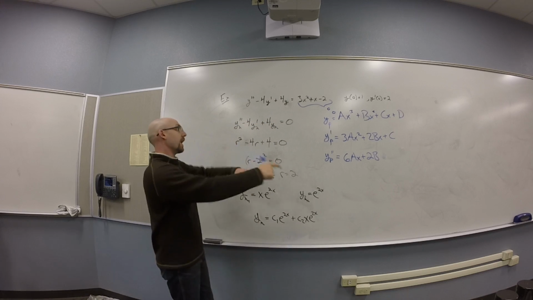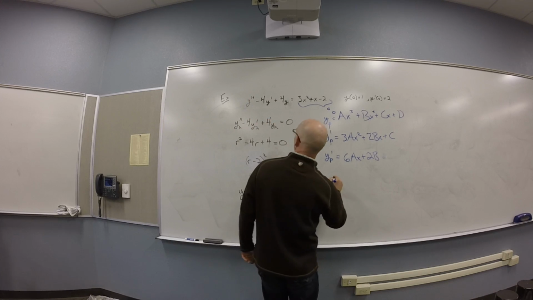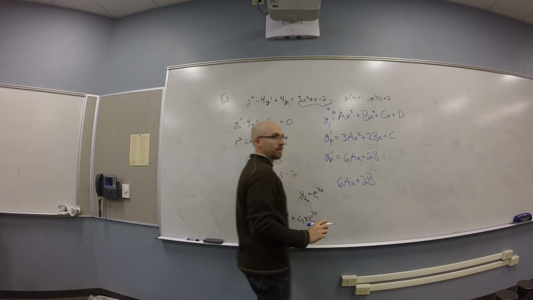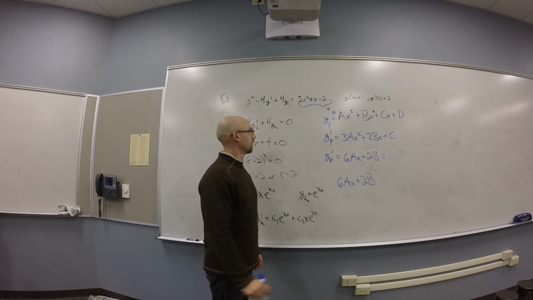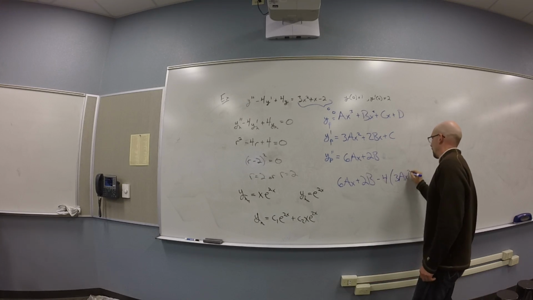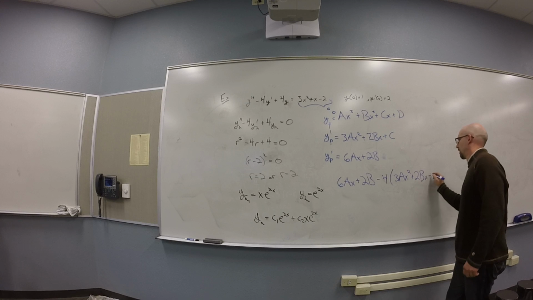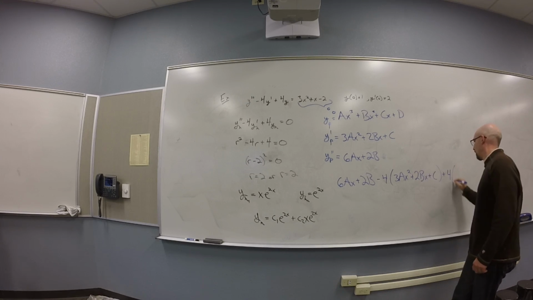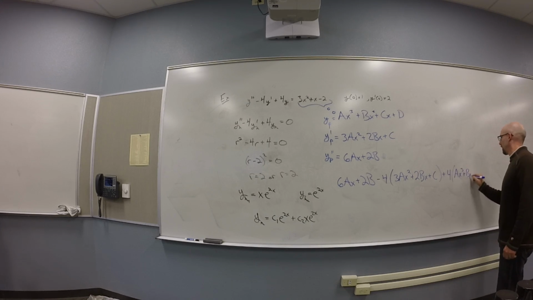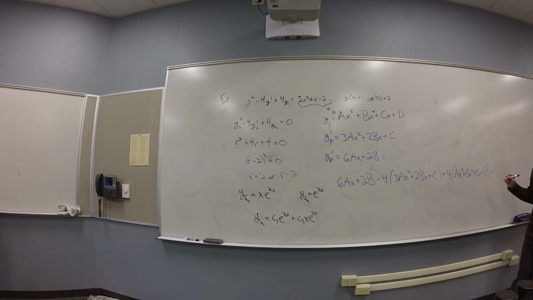Take that, stuff it in there, get 6ax plus 2b minus 4 times quantity 3ax squared plus 2bx plus c plus 4 times quantity ax cubed plus bx squared plus cx plus d equals 3x squared plus x minus 2.